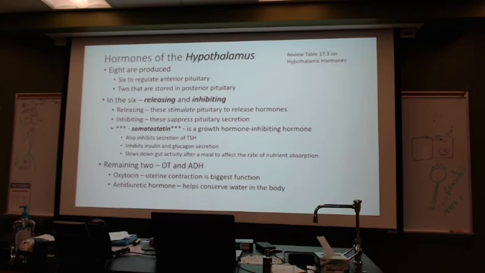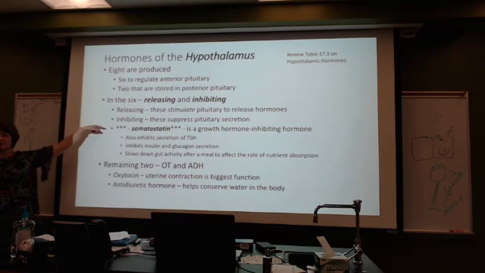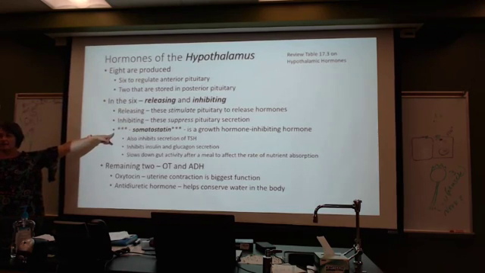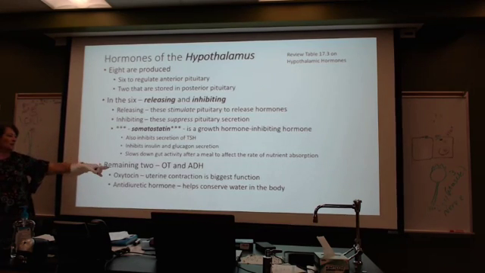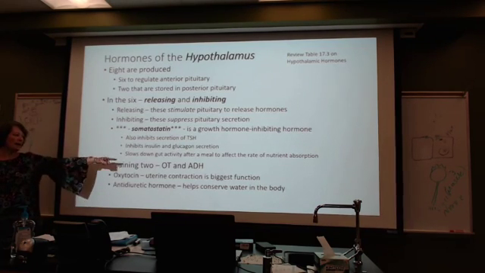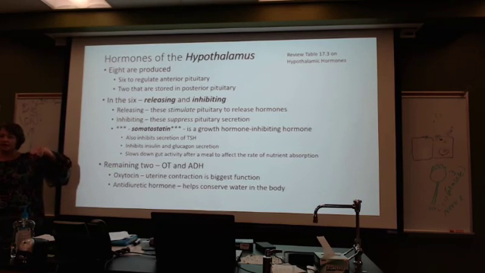All right. Now, the remaining two hormones, that's where I got the 7 and the 9. Your textbook counts this as being by itself. All right. Okay. The remaining two, my oxytocin and anti-diuretic hormone.